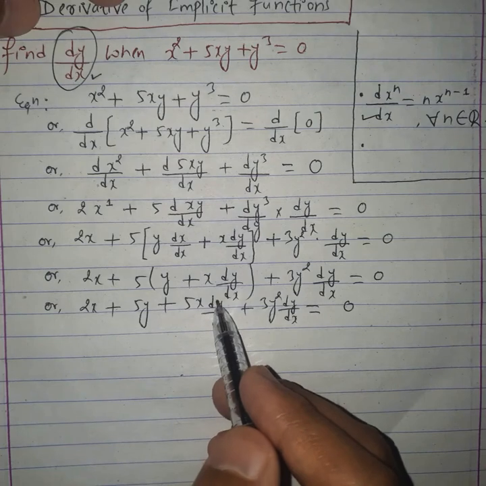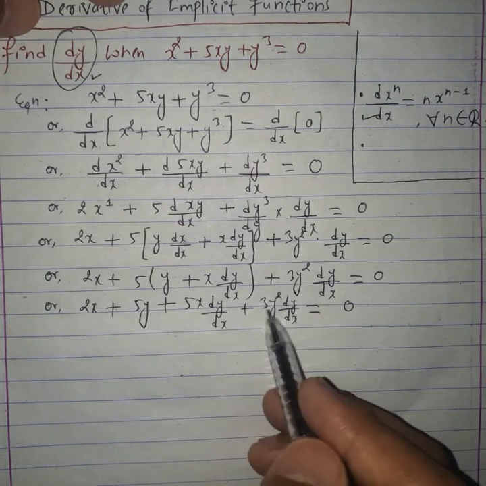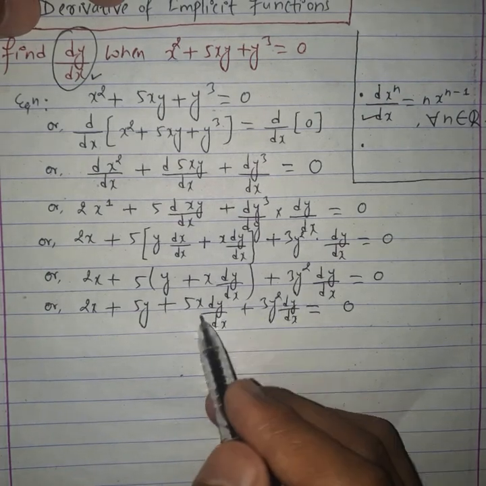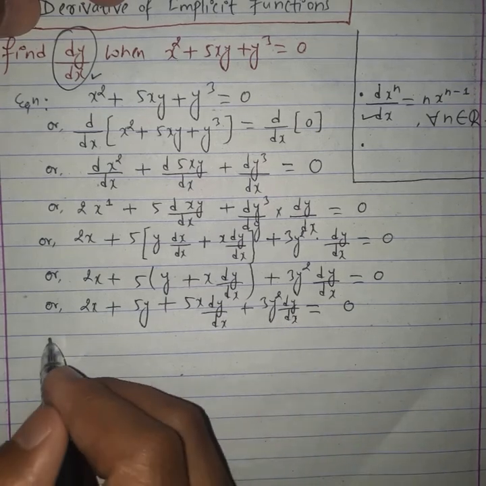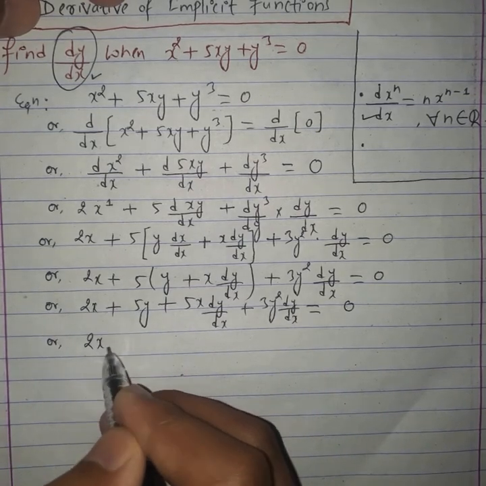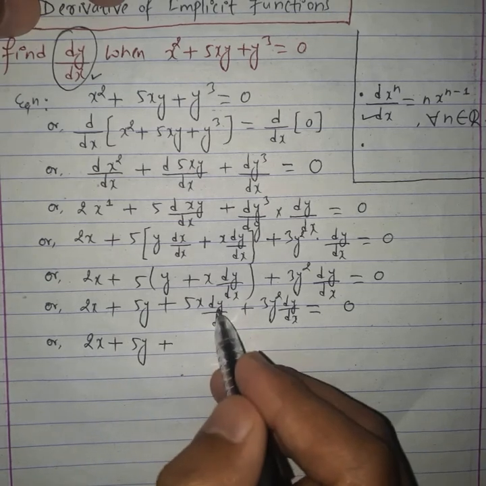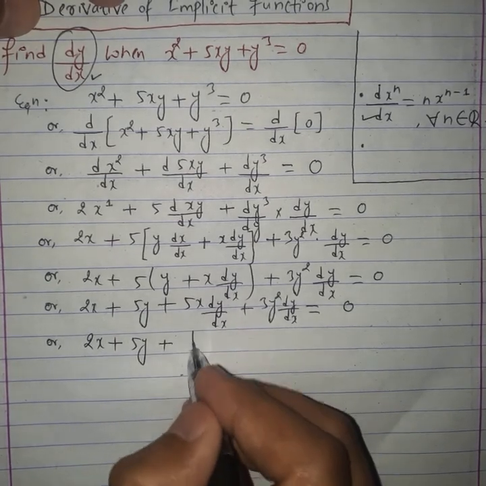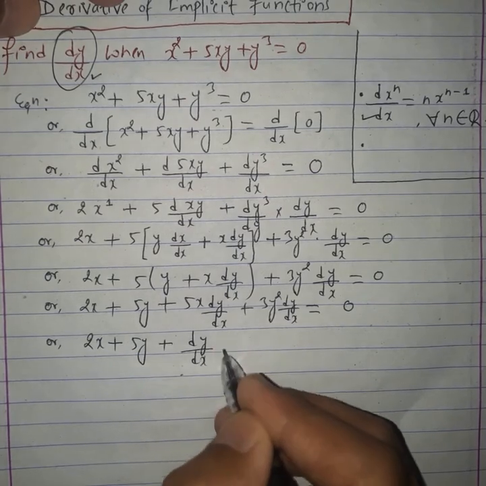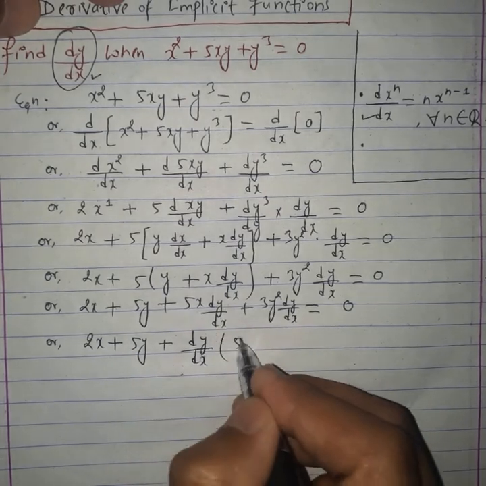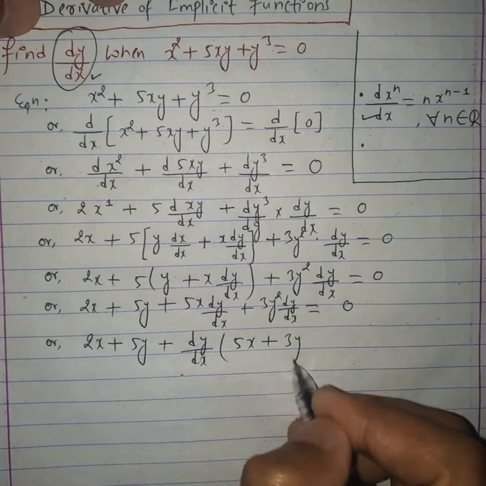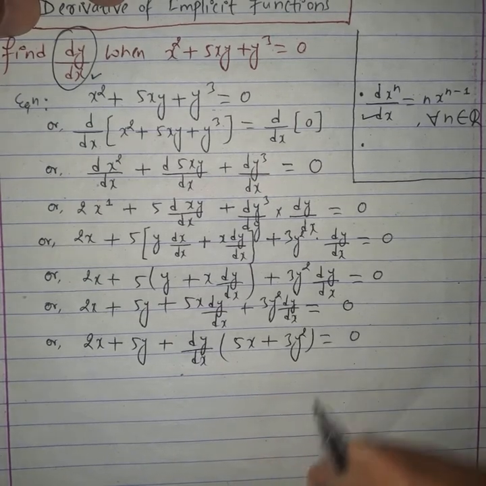So let's take dy over dx as a common factor from these two terms. This can be further simplified as 2x plus 5y, plus dy over dx times the remaining terms 5x plus 3y square, is equal to 0.